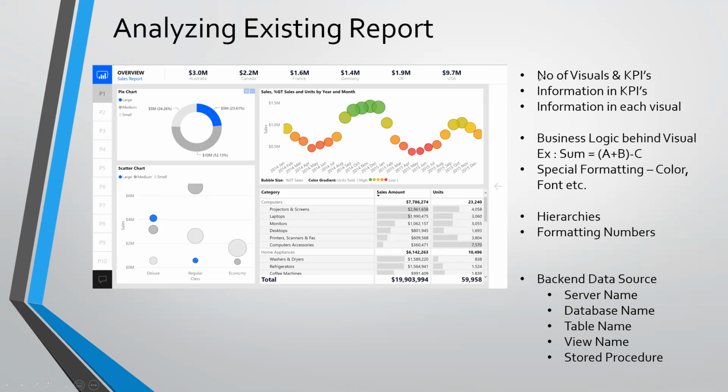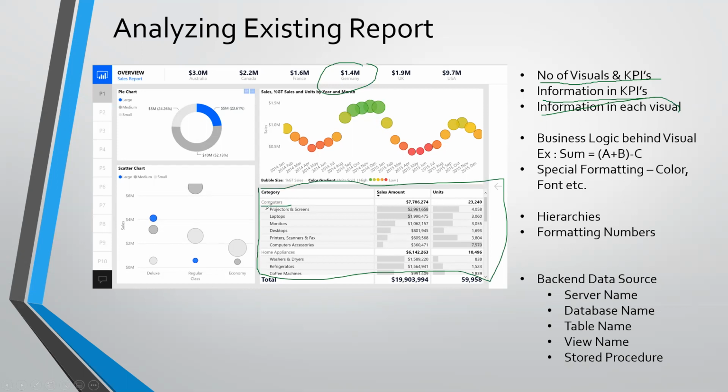So the way you will be analyzing is you'll be seeing how many visuals and KPIs you have available, and what information these KPIs are showing. That way you would have an understanding whether these data points are available or not for you. Okay, and then information in each visual. So what information we are showing. If I focus on this visual here, you could see I'm showing the category here.